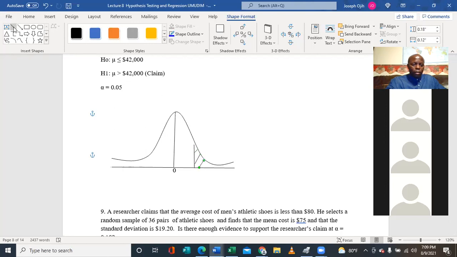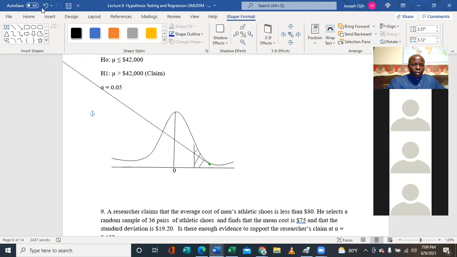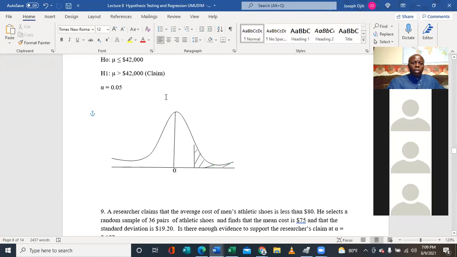The computer sometimes acts crazy. The critical value is somewhere here. So let's find the critical value.